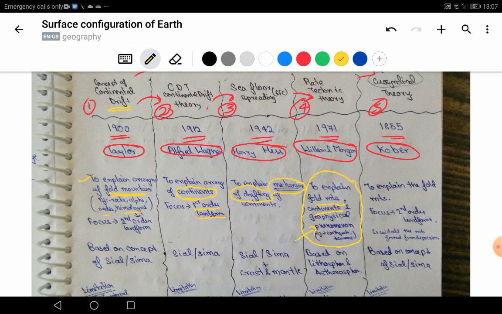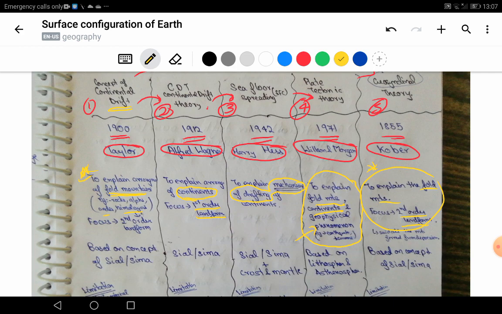The geosyncline theory was also basically about the fold mountains, the second order landforms. So you can see that this one and this one are similar in nature, both trying to explain the fold mountains.